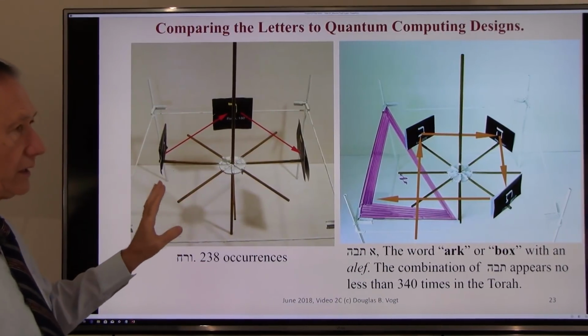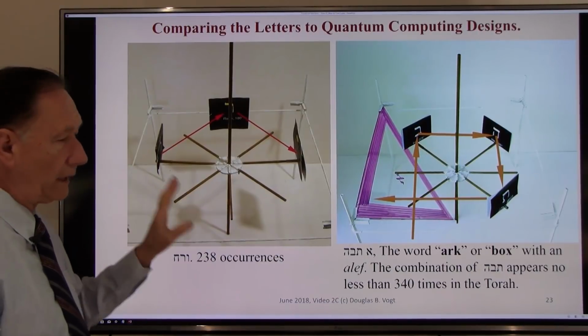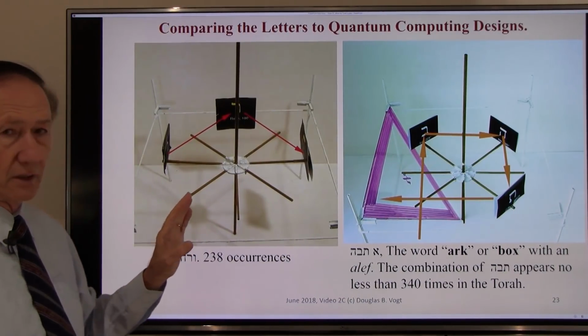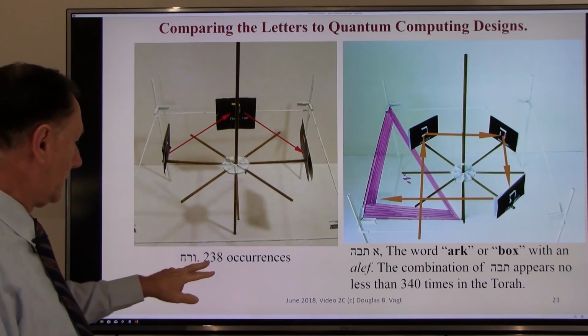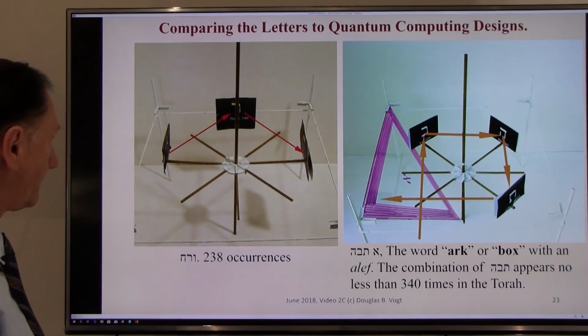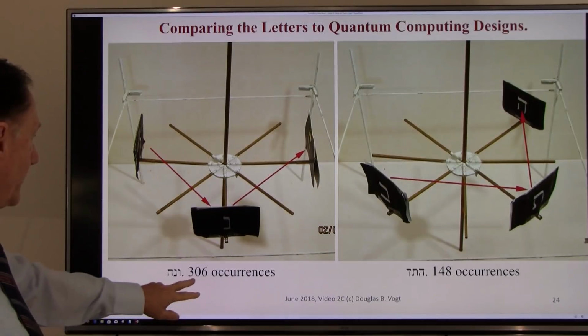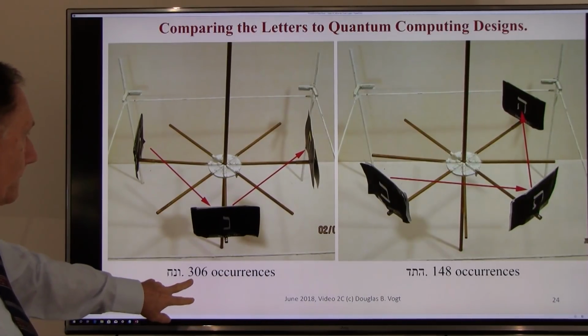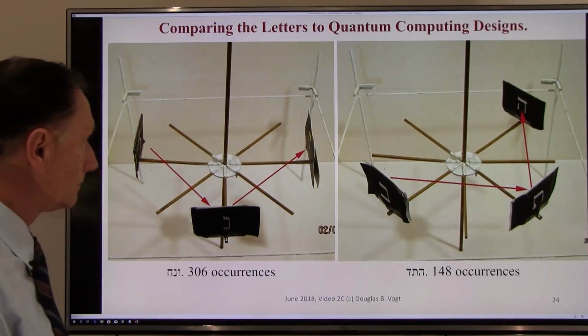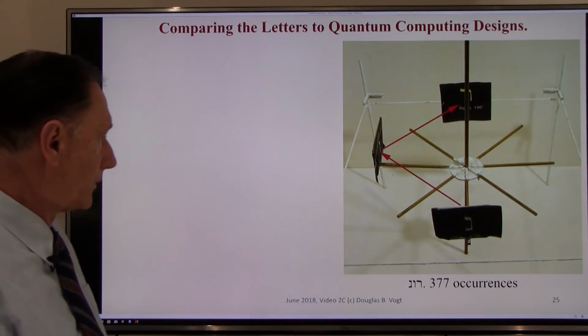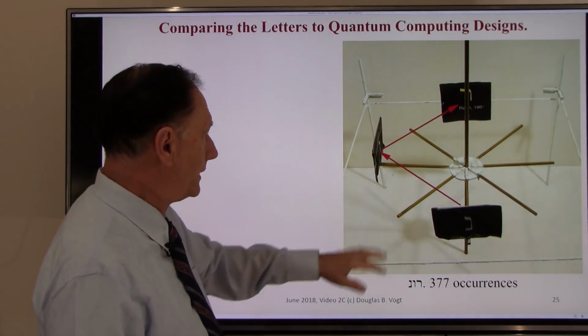I started then looking for just the letters and permutations and combinations of the 3 letters to see what I came up with. 238 occurrences, 306 for this, 148 for this, 377 occurrences for this one.